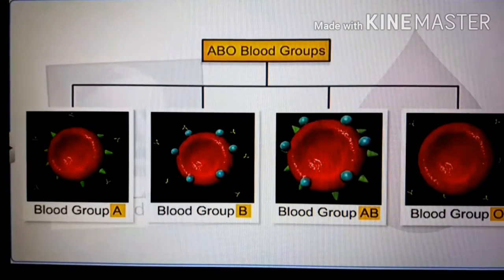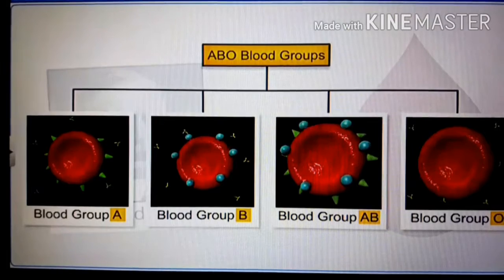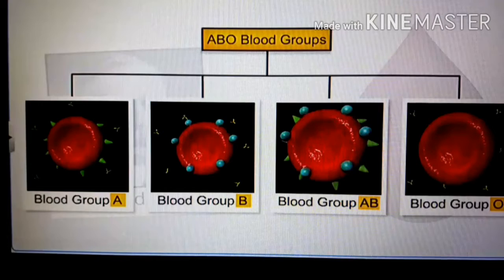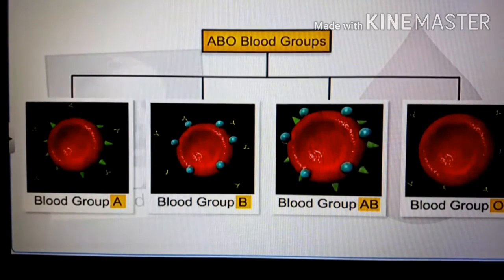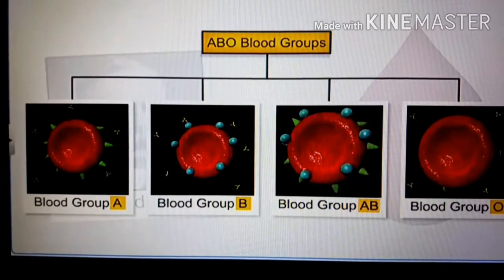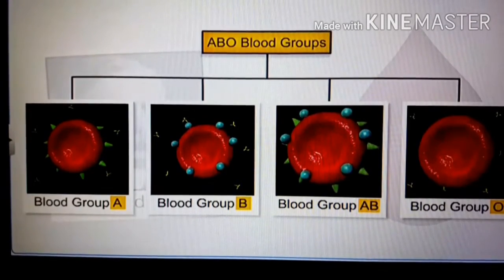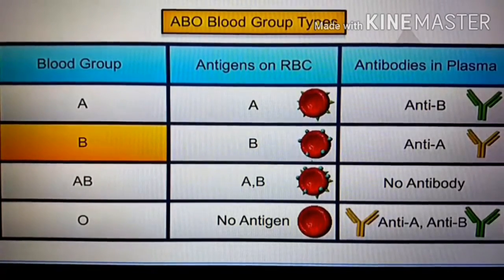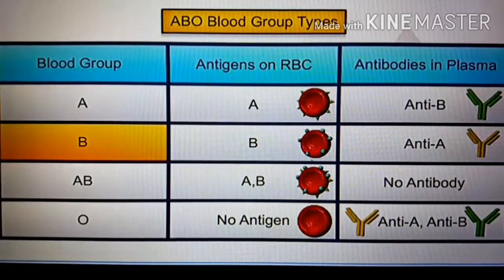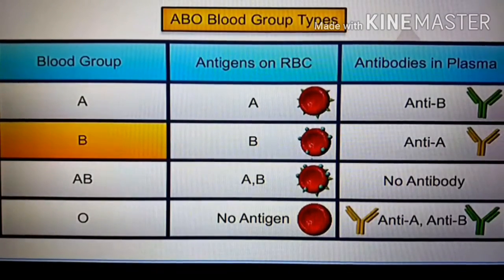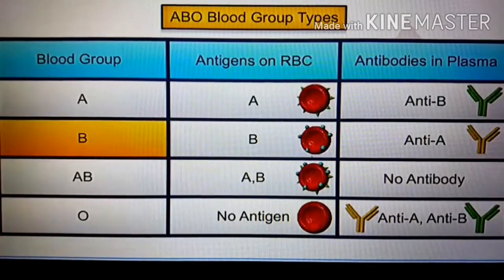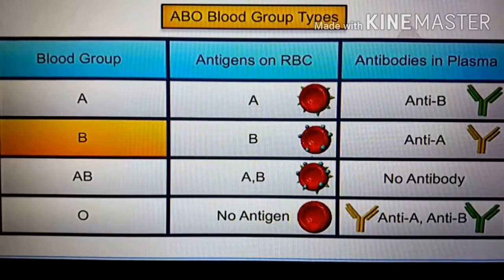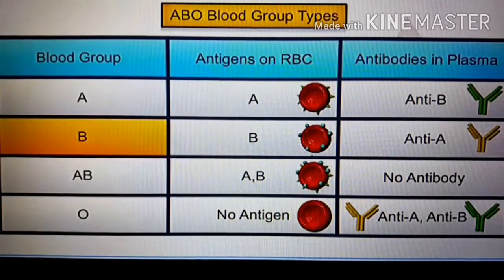Anti-A and anti-B antibodies are naturally present in the plasma of blood. But no antibody A or B is present in the plasma of blood group AB. So watch carefully these ABO blood group types. First, blood group A has antigen A on the RBC but anti-B antibodies in plasma. In blood group B, antigen B is on the RBC surface but anti-A antibodies are in plasma.